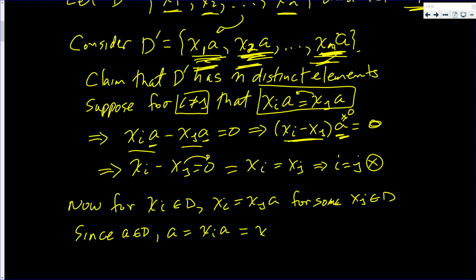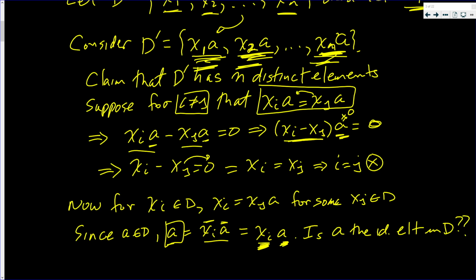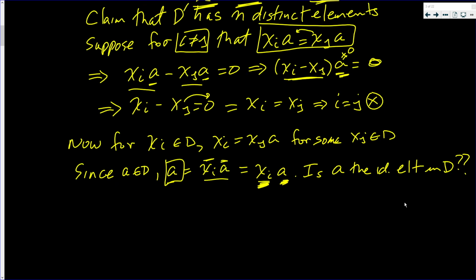So this here is the same as a times xi. Wait a minute. I multiplied a by some element and I got back a. It's reasonable to ask, is xi the identity element in D? Either it is or it isn't.